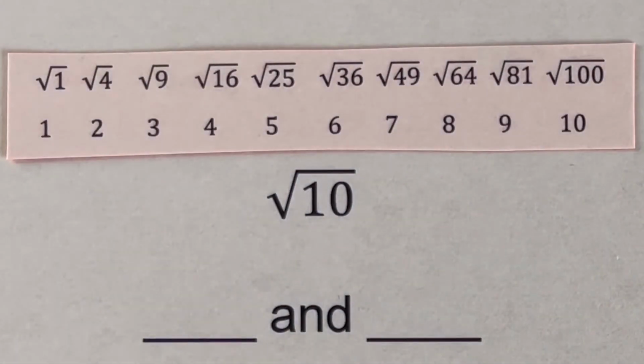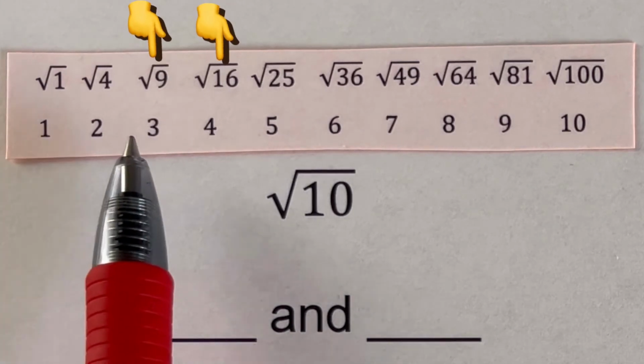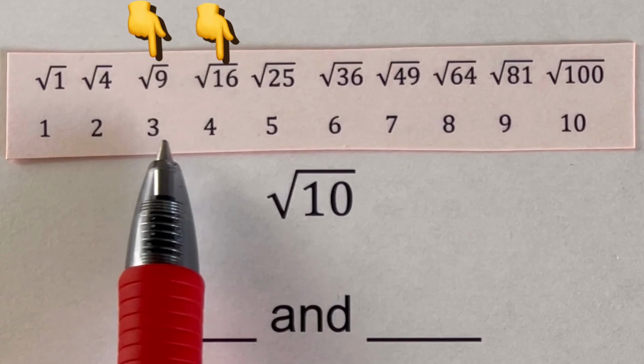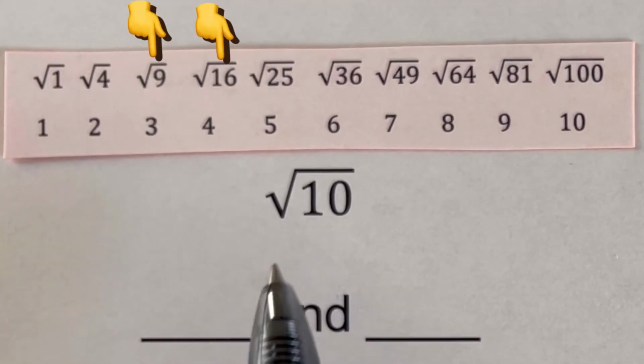The square root of 10 is located between the square root of 9 and the square root of 16. The square root of 9 is 3, and the square root of 16 is 4. So the square root of 10 is located between 3 and 4.